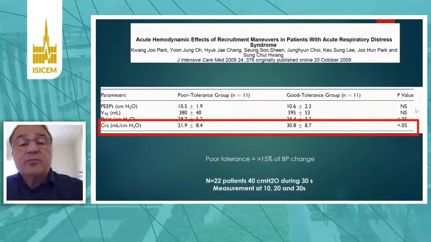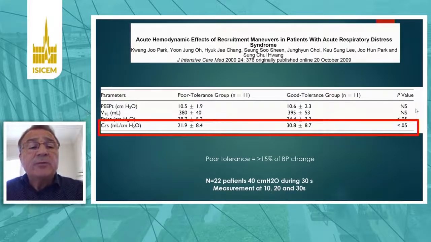And there is a very important point here. You see that in this PARC study, in which they analyzed the poor tolerance group, it means that the tolerance of the recruitment maneuver was very poor, the respiratory system compliance is high, in contrast with the group in which the tolerance was good during the recruitment maneuver, and here the compliance is very, very high.